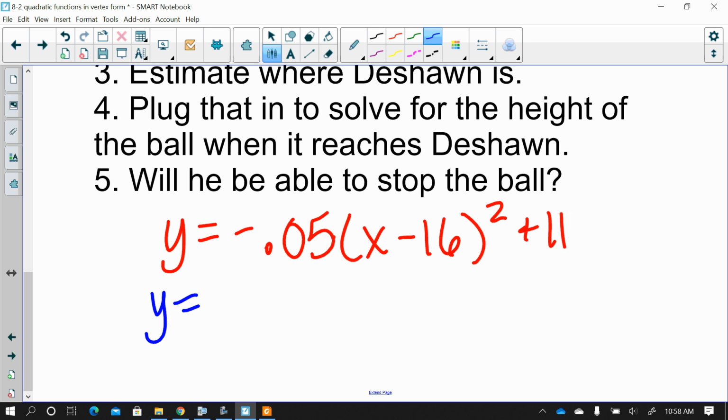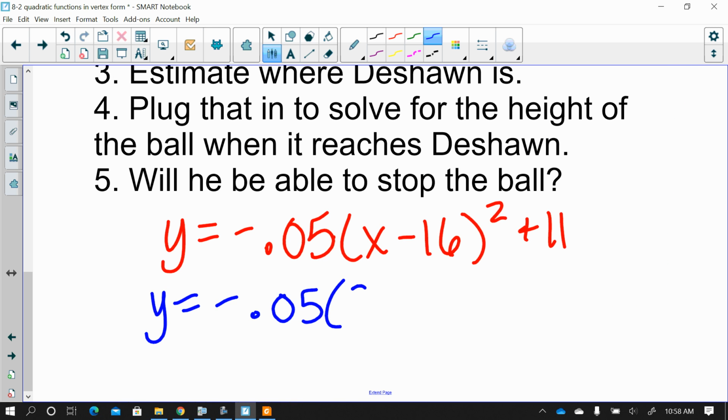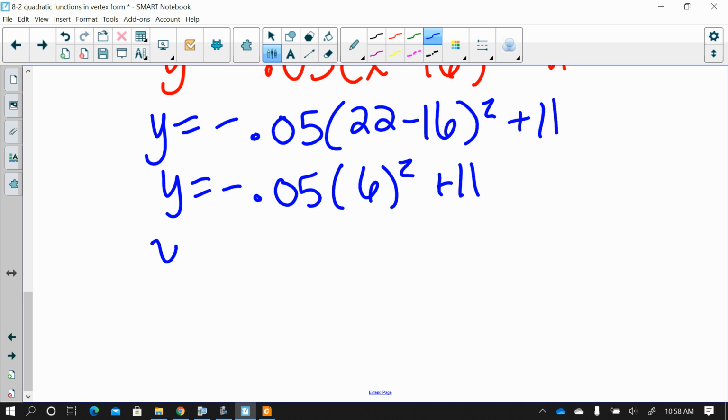So y equals negative 0.05 times 22 minus 16 squared plus 11. And let's see what height we get. 22 minus 16 is 6. Negative 0.05, 6 squared is 36.